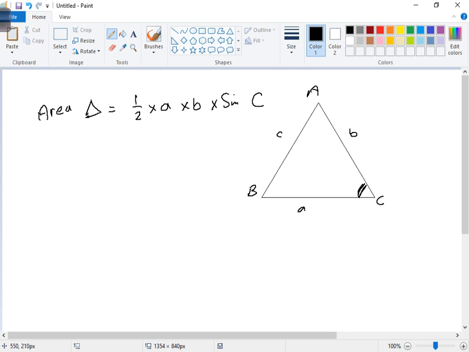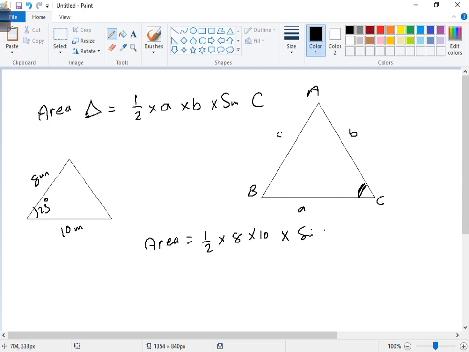For example, if we have another triangle here, and this side is 8 meters, and this one 10 meters, and the angle here is 23 degrees, and they ask you to find the area. The area is equal to half times 8 times 10 times sine 23.